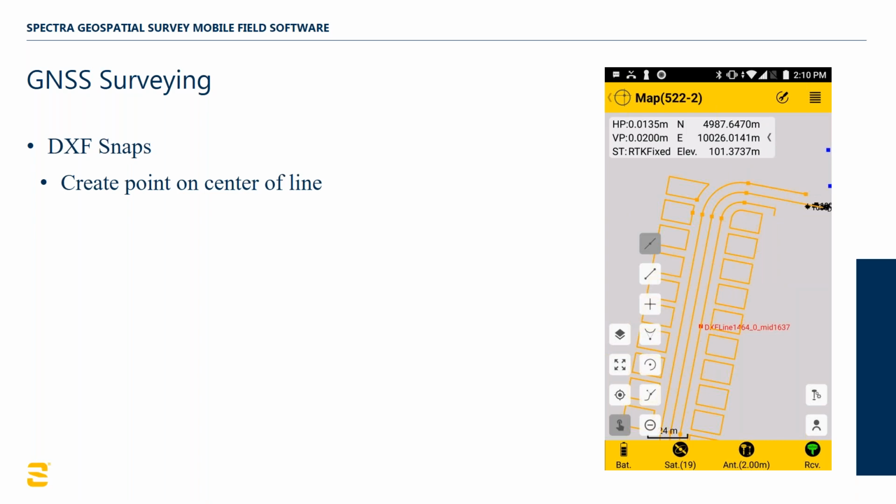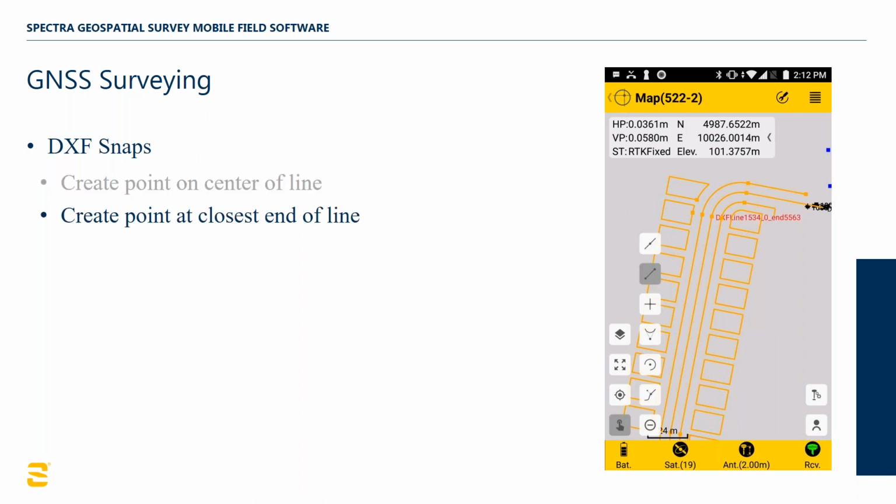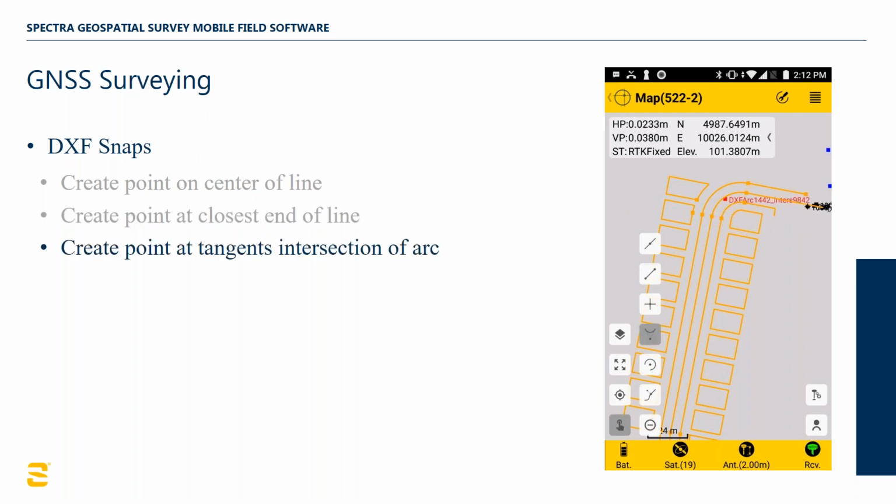If I click on this bottom button that has the finger hitting the target, I get a choice of snaps that pop out. And so this snap, you can see, is saying snap to the center of a line, and snap to the closest end of line, the tangent intersections of an arc. So this one may be a little bit confusing.